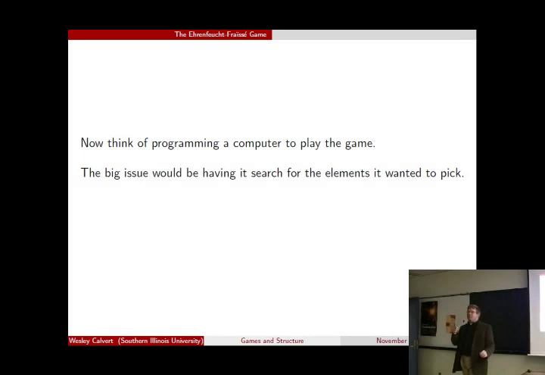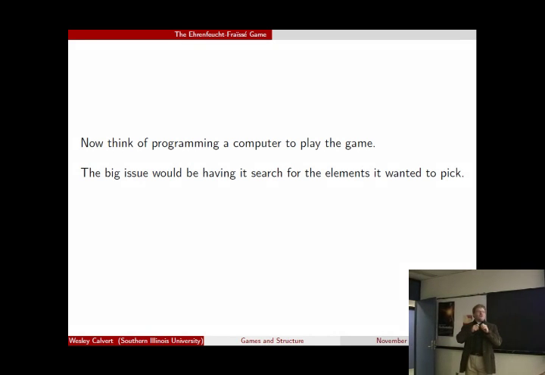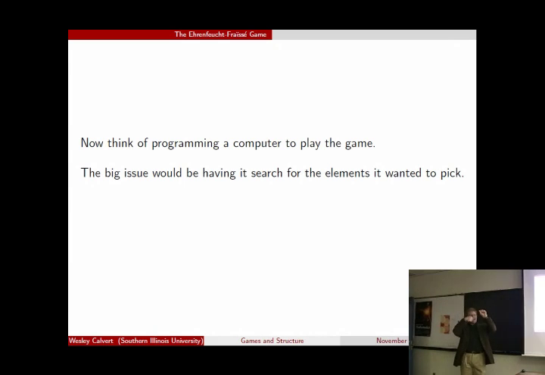If it's going to play well, it should search for an element such that whatever I pick next, it will have a move to follow that. So it needs to search for an element such that for any choice I make, there exists some other choice it could make. So it has to search through all the choices I could make.